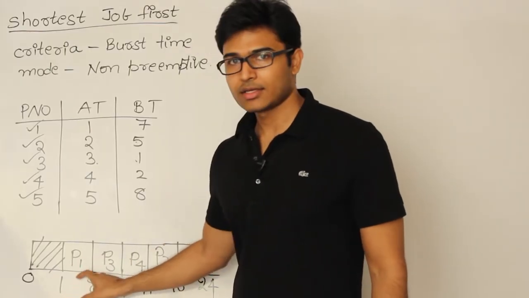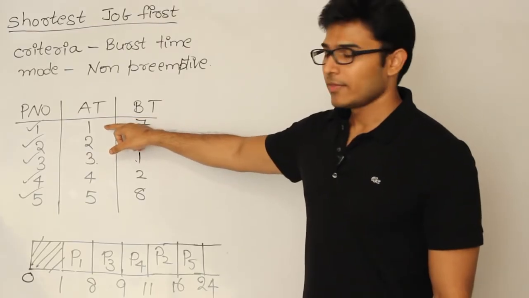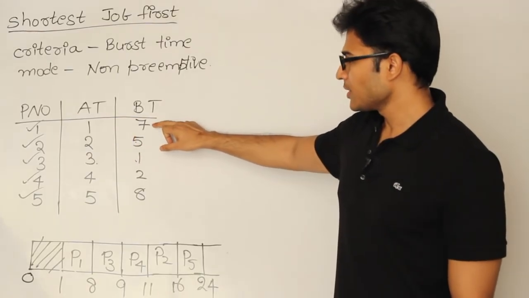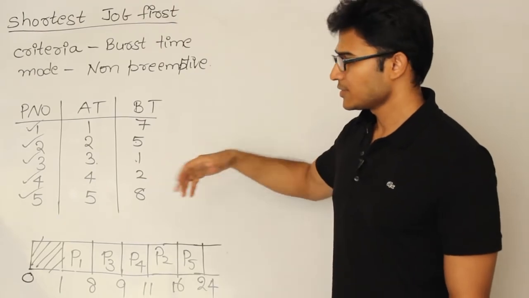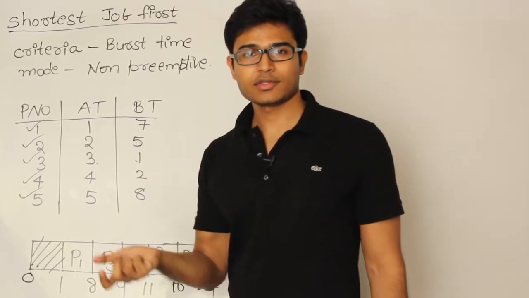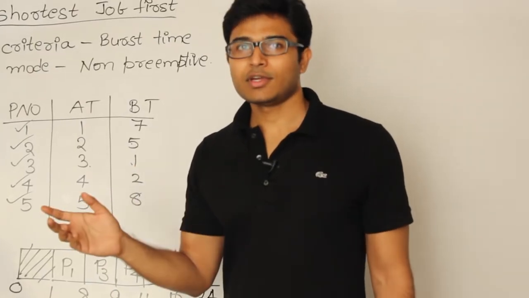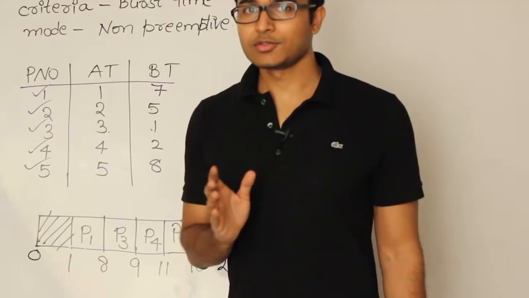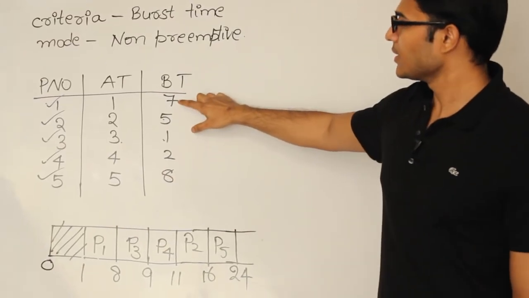At time 1, the only available process is P1. That is why it is chosen, but it doesn't mean that P1 is the shortest job, right? It doesn't guarantee that whatever the arrival time, you are always going to start with the least job first. No, right? Therefore in this case it is 7.